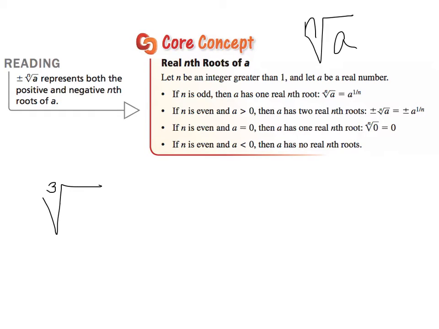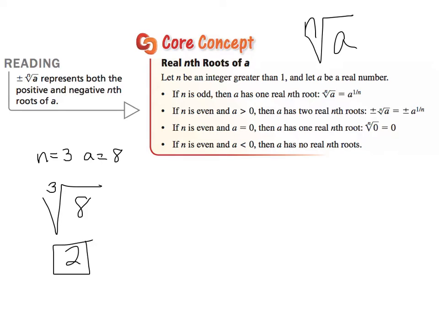So here's what we're going to tell you. If n is odd, and a can be whatever, let's say it's 8, then you'd write it like this. You only have a positive. There's a positive cube root of 8. So what number times itself 3 times gives you 8? Your answer is positive 2.